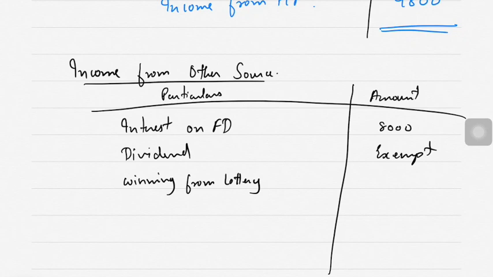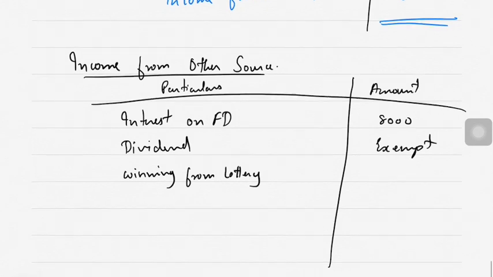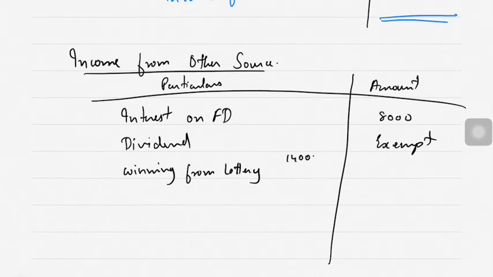14,000. So in case of winning from lottery, TDS deducted is 30%, correct? So winning from lottery is 14,000. That means 14,000 divided by 70 into 100. Because in case of winning from lottery or winning from horse race, 30% TDS is deducted and 14,000 is the net amount. Okay, so if 14,000 is 70%, how much is 100%? You have to pay tax on 100%.